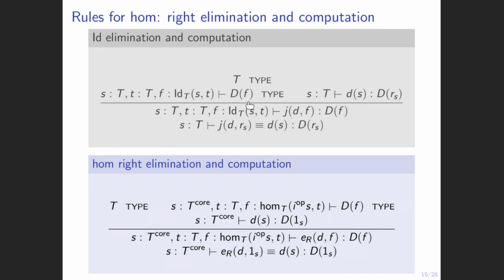Yeah, that's a very good point, and I should have illuminated this a bit more. As I will say in a few slides, if we put both the identity and hom type together in this type theory, they unfortunately coincide, at least in places where we don't want them to coincide. So these two type formers, I'm not putting into this, or you certainly could, but then they would coincide.